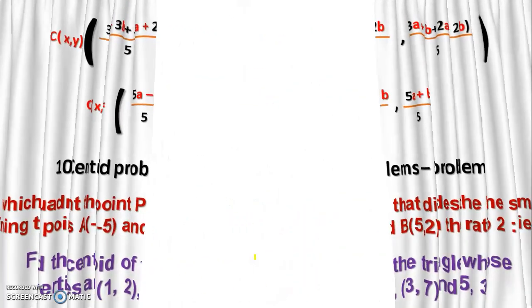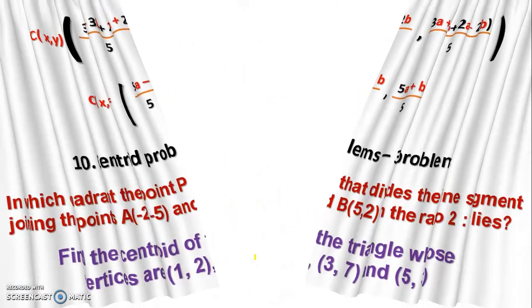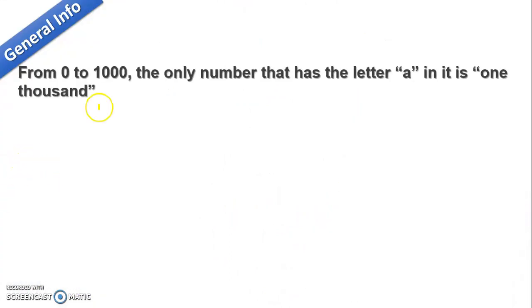And next one, general info. From 0 to 1000, the only number that has the letter A in it is 1000. If you write the spellings from 0 to 999, there is no letter A in the given numbers.